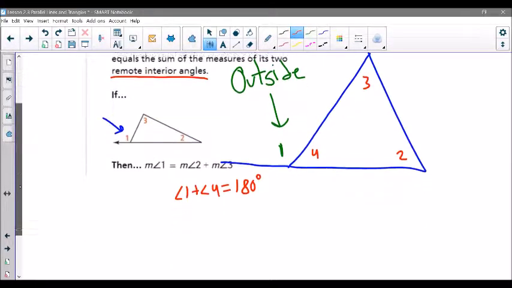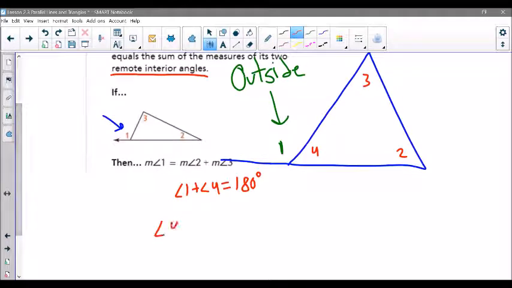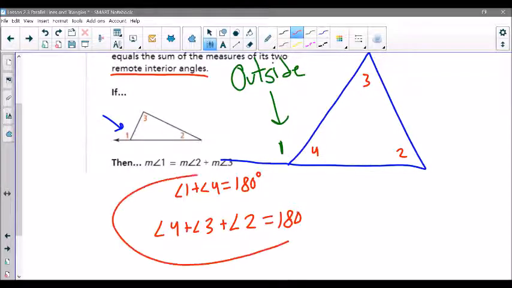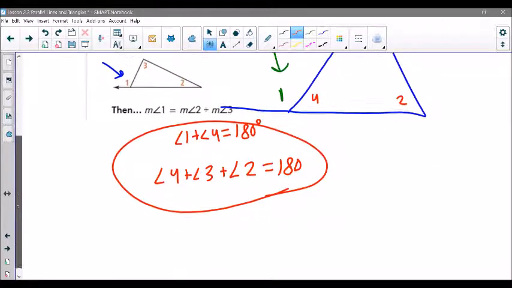Well, we also know that angle 4 plus angle 3 plus angle 2 also equal 180 degrees, because those are the interior angles in a triangle. All right, so what we can do is take these two things and set them equal to each other.